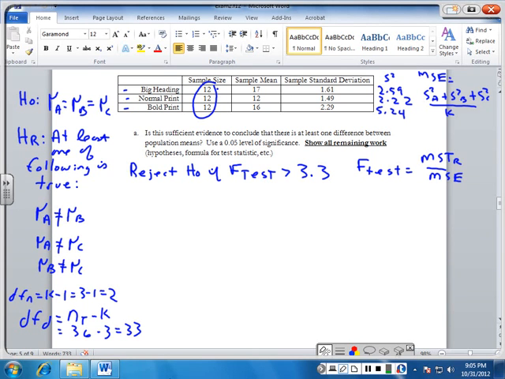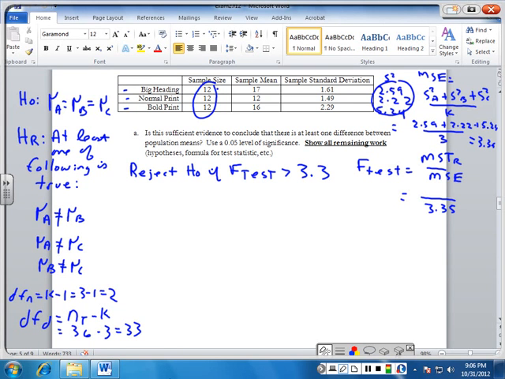And that's equal to these 3: 2.59 plus 2.22 plus 5.24 divided by 3, and that's equal to 3.35. So I know in the bottom of here I'm going to have 3.35.